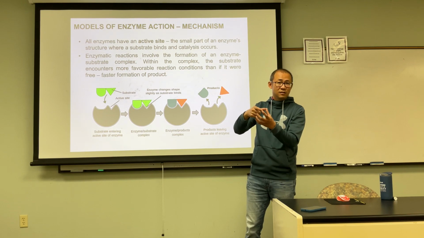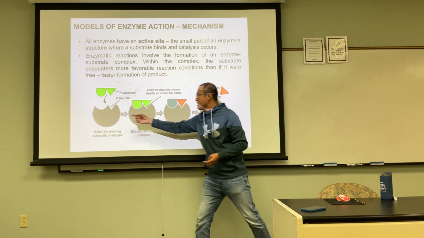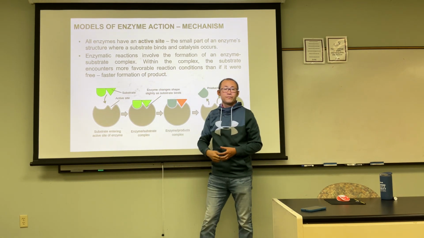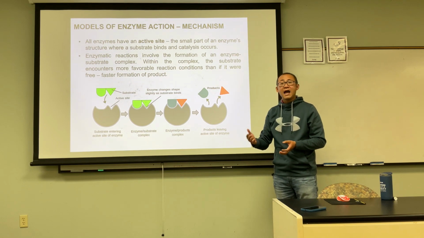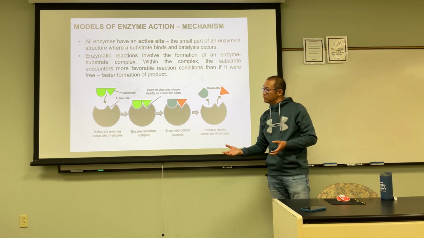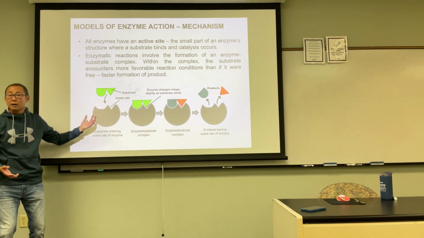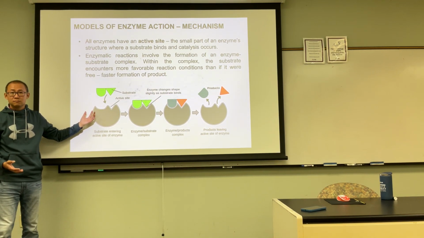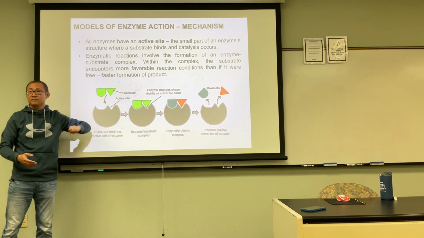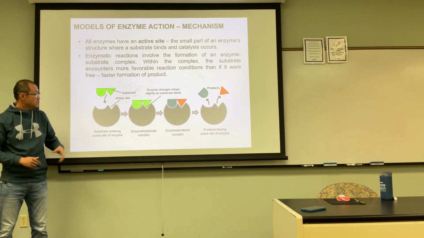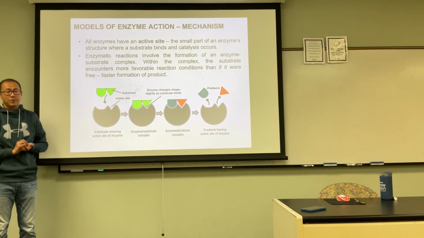A piece of the enzyme where the reaction happens is called the active site of the enzyme. What the active site does is take in the substrate, the reactant, and then the reaction happens at the active site. This is the scheme that shows you what happens in an enzyme catalyzed reaction.